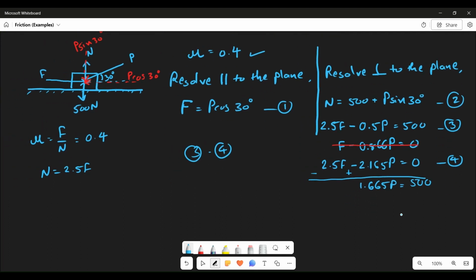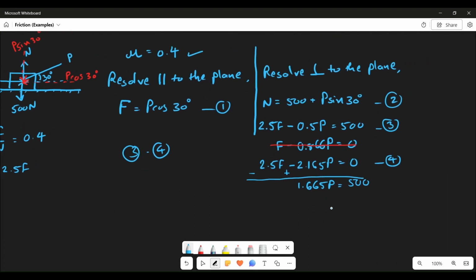Now solve this. P is equal to 500 by 1.665. So you get P is 300.3 Newton. This is your answer.